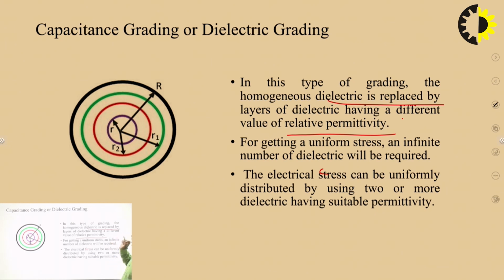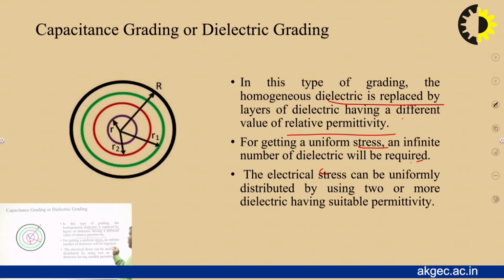In this type of grading, the homogeneous dielectric is replaced by layers of dielectric having different values of relative permittivity. For getting a uniform stress, an infinite number of dielectrics will be required, because different values of relative permittivity are to be taken in capacitance grading.